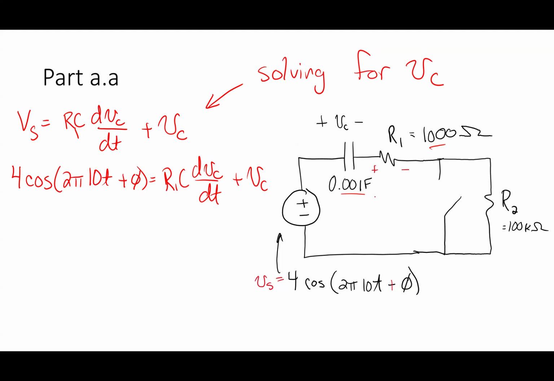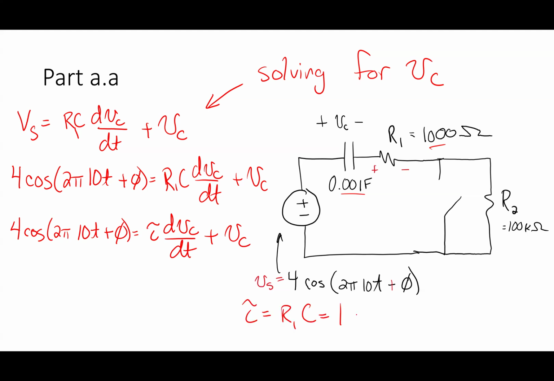So the way that I write this is I'll plug in the values. This guy is 4 cosine(2 pi 10t plus phi) equals tau dV_C/dt plus V sub C. And my tau is equal to R1C, which is in this case 1 second. That's our differential equation at this point.